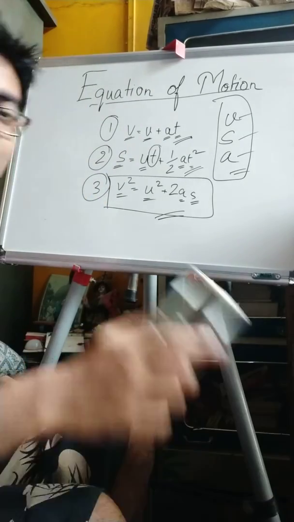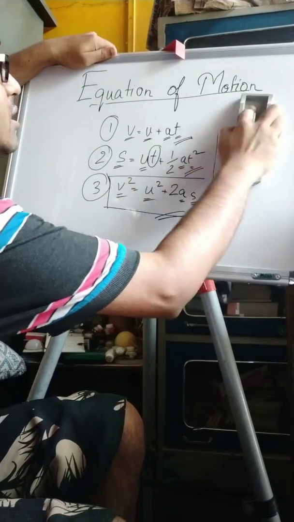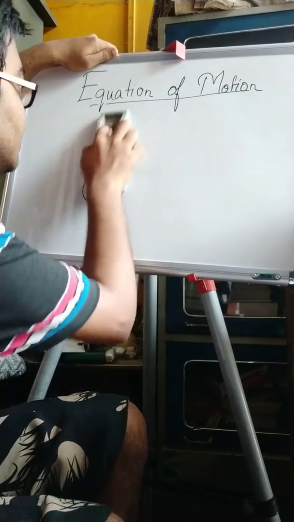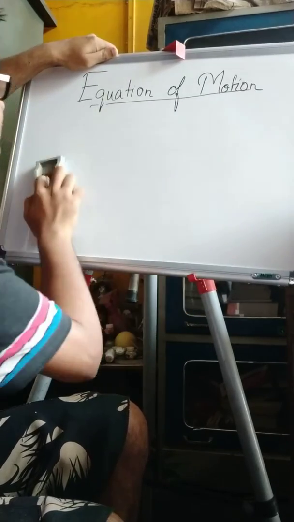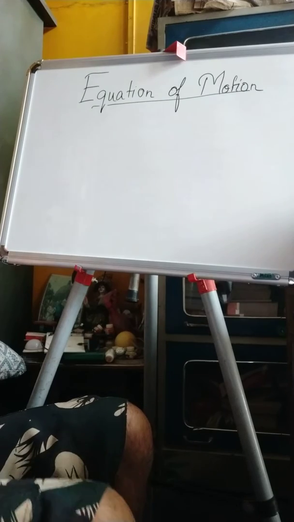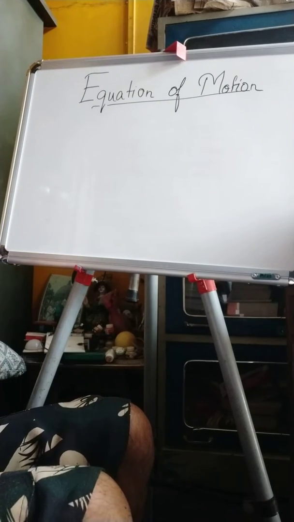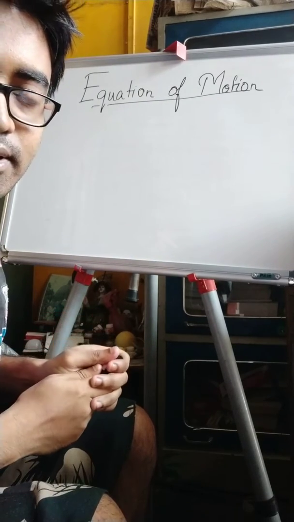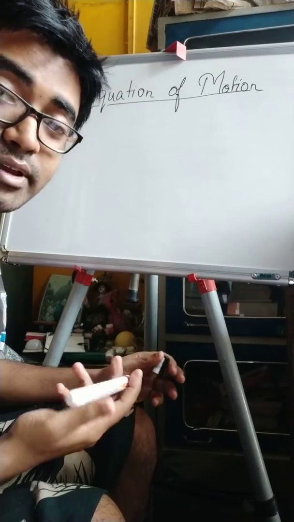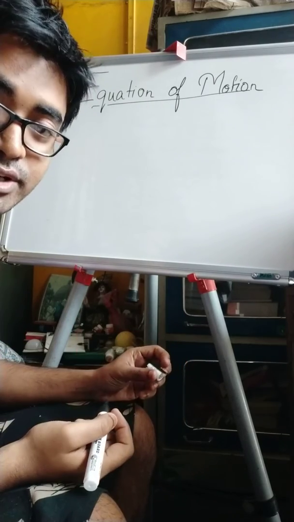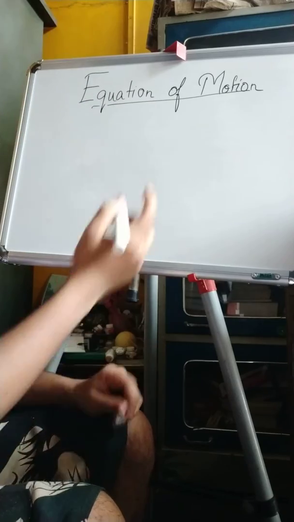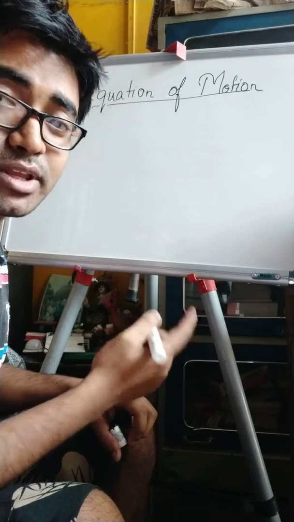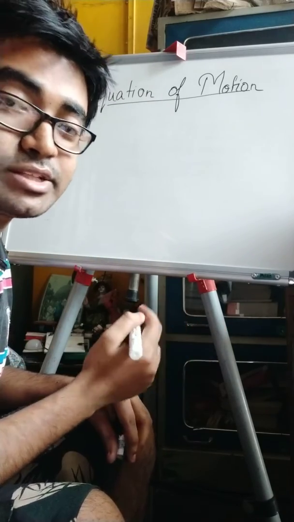Now let us come back to physics. Before deriving the first equation of motion, we should keep one formula in our mind, and after keeping the formula, the derivation would become very easy.